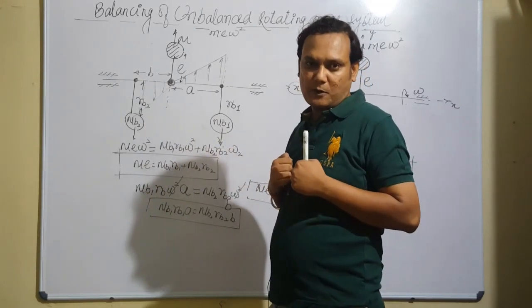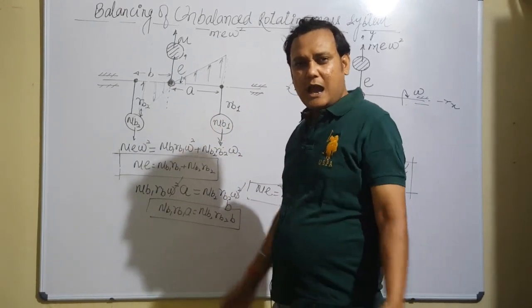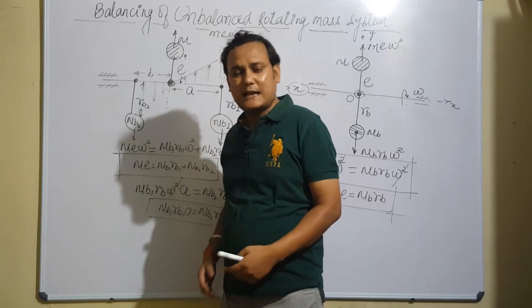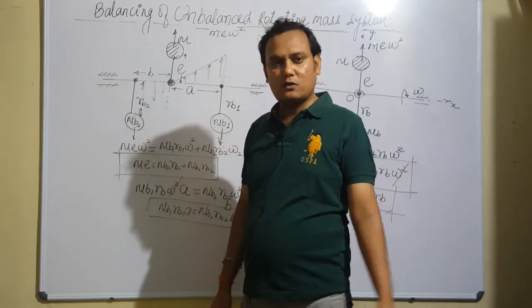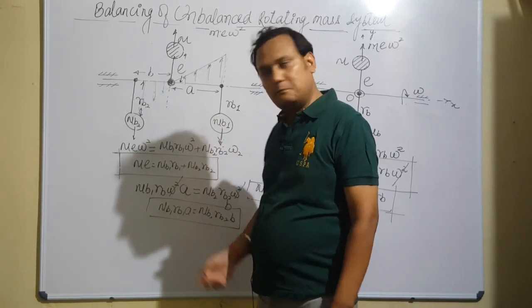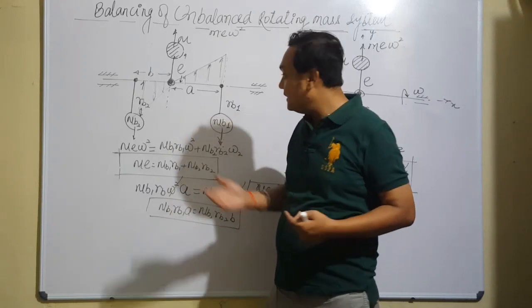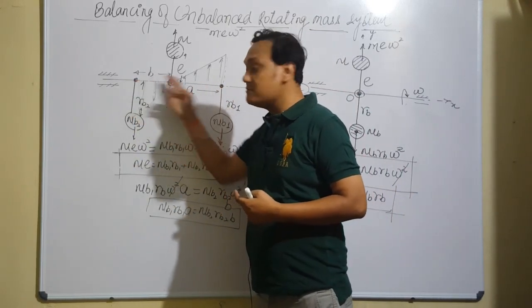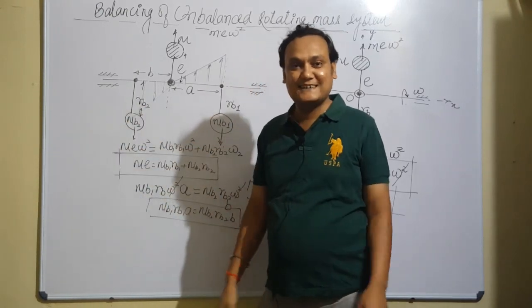So you will feel that the system is balanced, but internally the system has a problem. From outside you are watching and you are saying, what's the problem? Your center of mass lies on the axis of rotation. Net moment about any point on the system is 0. What's the problem with you, brother? Internally, how bad the situation is. Internally, this span is subjected to a bending moment.